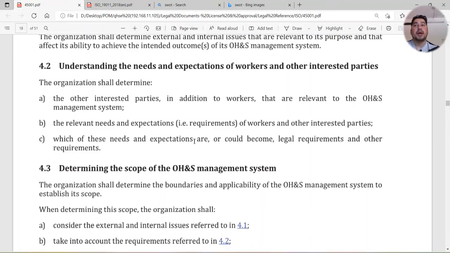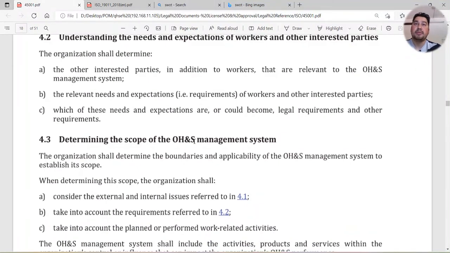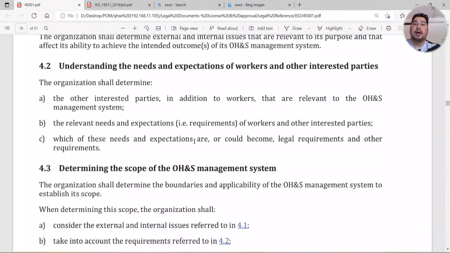First, identify your interested parties, workers, internal and external, their needs and expectations, what they require from you, how you are going to achieve them, and what the status is now. That is the requirement of clause 4.2, understanding the needs and expectations of workers and other interested parties. And when you are making the manual, in the manual you have to identify your interested parties first. Who are your interested parties?